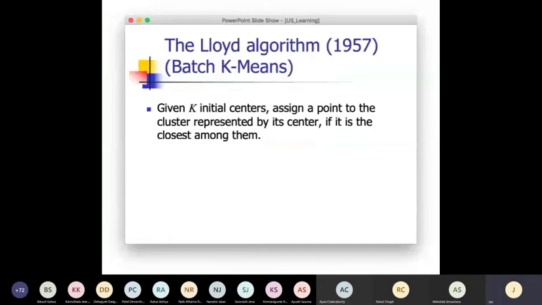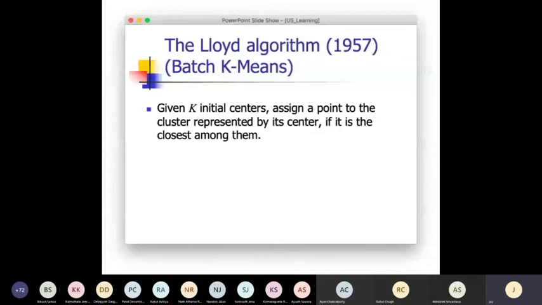Since it is an NP-hard problem, we cannot get the ideal solution, but there are various heuristics by which we try to get some good solution. One of these algorithms is called Lloyd's algorithm. It takes k initial centers and assigns each point to the cluster represented by its closest center.